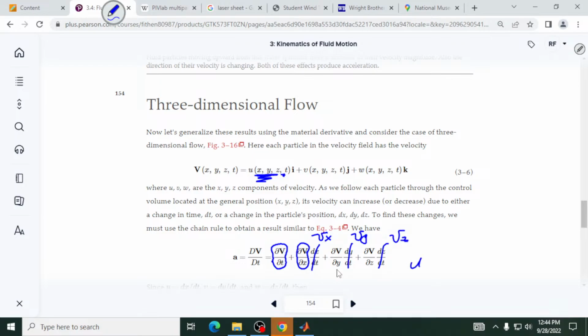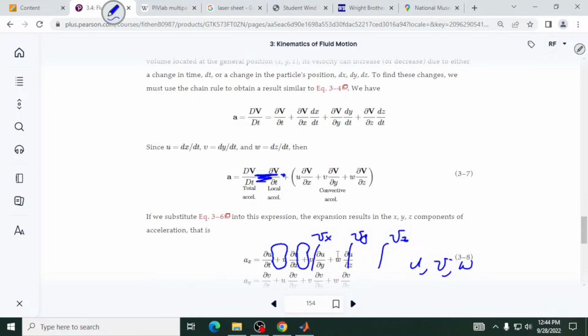Usually they're written as u, v, and w. I don't know what this book does. He uses u, v, and w. So he's using a u, a v, and a w for the velocities along the coordinates.